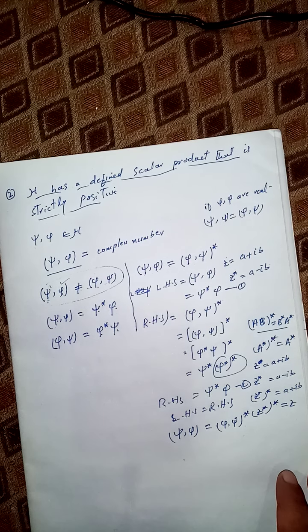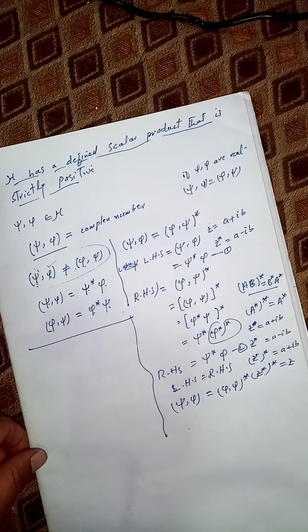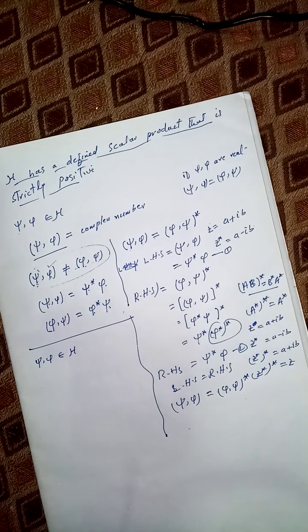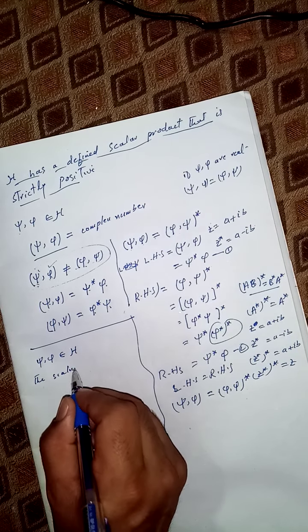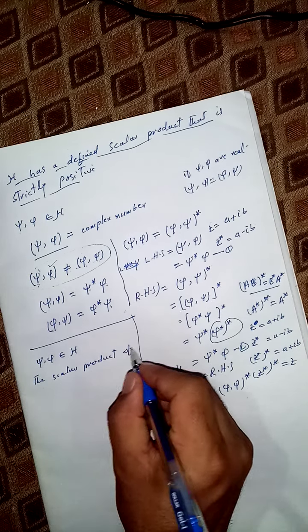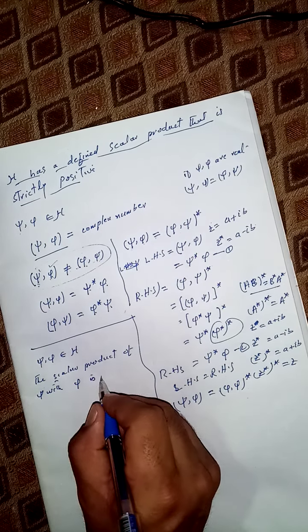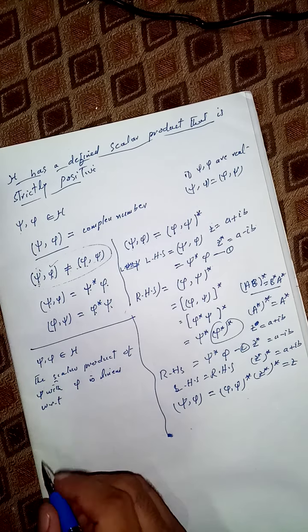Okay, now there is another property which tells us that if we have two functions ψ and φ belonging to the Hilbert space, then the scalar product of ψ with φ is linear with respect to the second factor.